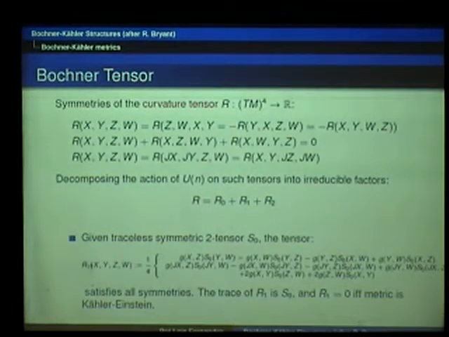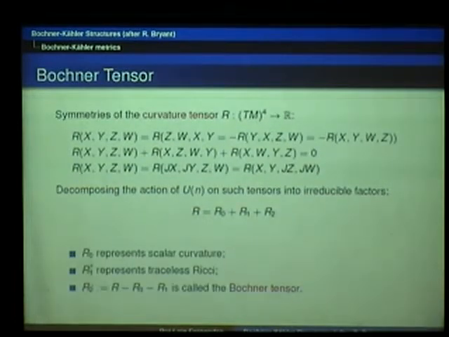And finally, we have the last tensor, which is simply R minus R0 and R1. So in the end, R0 represents basically the scalar curvature, R1 represents the traceless Ricci tensor, and the remaining part is called the Bochner tensor.